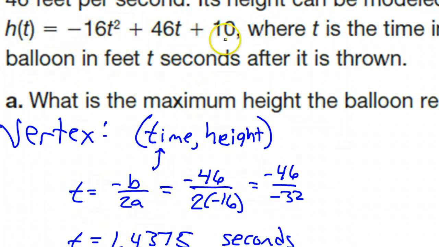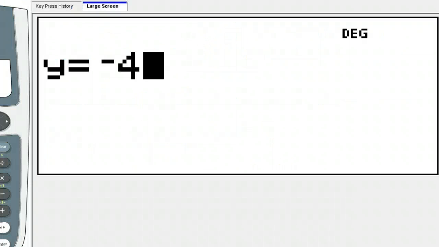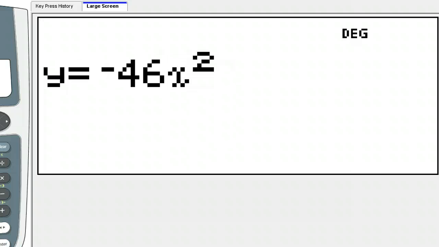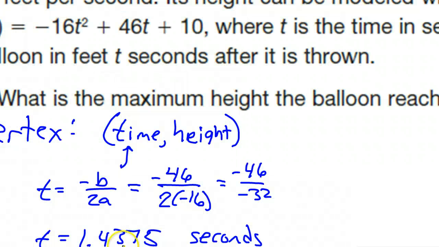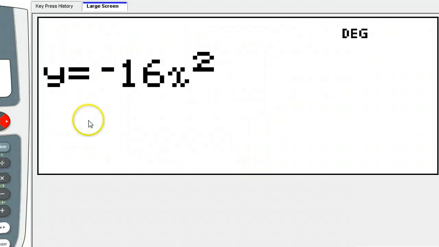Let's put this equation into the calculator. That was supposed to be a 16, so I'll just retype it. Negative 16x squared plus 46x plus 10.